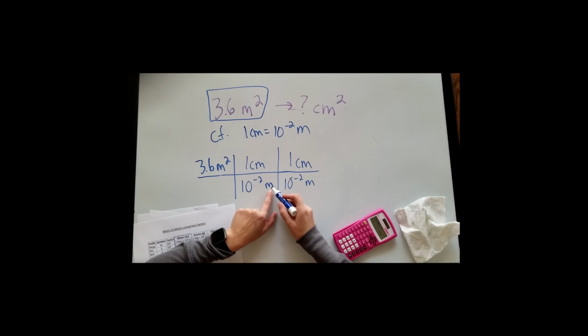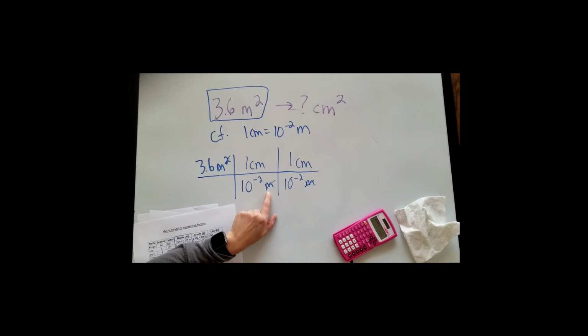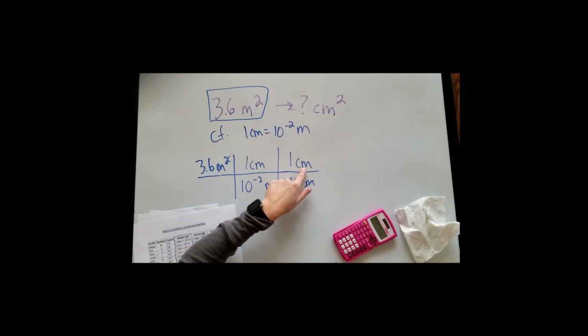Because now I have meters times meters, so this would be meters squared on the bottom, and that will cancel out the meters squared on the top. Multiplying centimeters by centimeters gives me centimeters squared for my units.